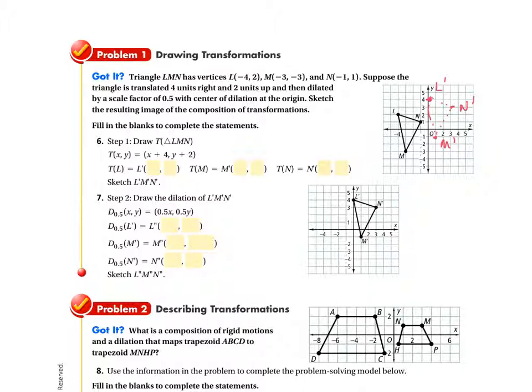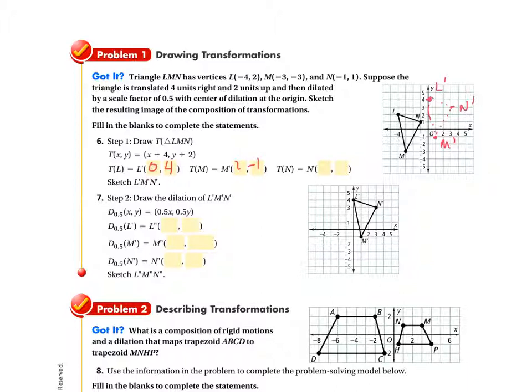But if you actually record those ordered pairs, what do you get? What's L prime? What ordered pair? 0, 4. What's M prime? Excuse me. 1, -1.